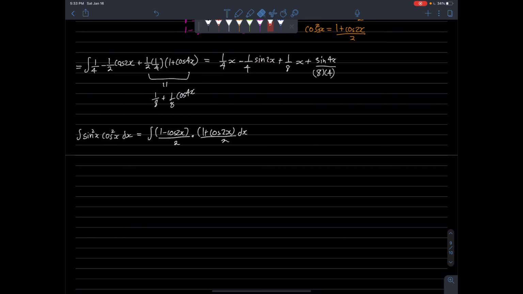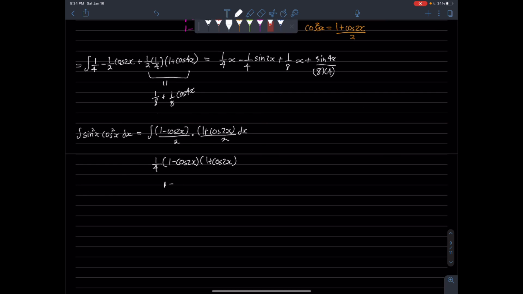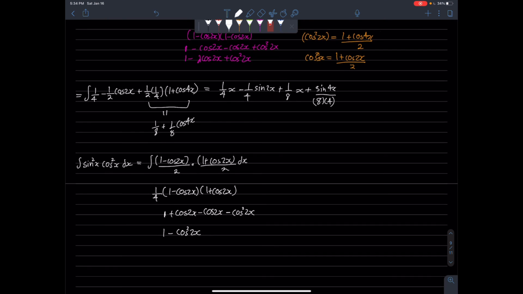We have to expand this out, which is going to be 1 over 4 times 1 minus cos 2x times 1 plus cos 2x. Expanding, you get 1 plus cos 2x minus cos 2x, which makes our job easier, minus cos squared 2x. That's just 1 minus cos squared 2x. And we just did this over here, so we can just plug that in. So it's going to be the integral of 1 minus cos squared 2x times 1 over 4 dx.